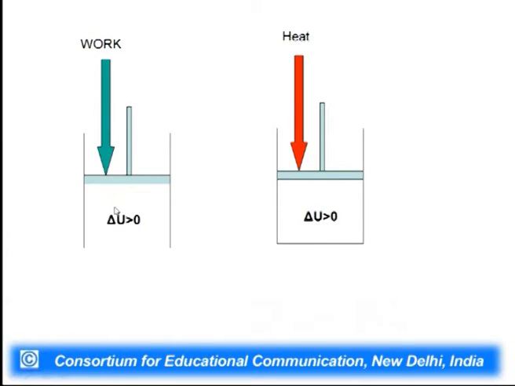In that case, internal energy of the system will increase, and so work done by the surrounding on the system is given a positive sign. In the second case, when I supply heat to the system, I can raise the internal energy of the system, and so heat supplied to the system is given a positive sign.